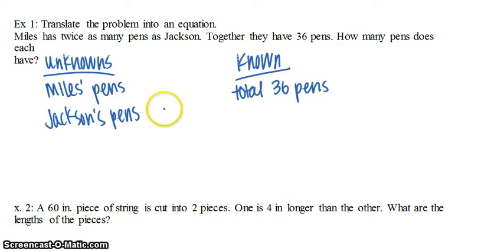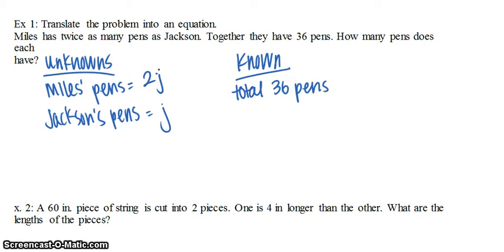So I'm going to put Jackson's pens equals J, only because I know that Miles has more. Twice means 2 times, so I can do 2 times Jackson's, which is 2J. Technically, you could still define Miles, but then you would have had to use division to get back down to Jackson's, and I prefer not to use that.